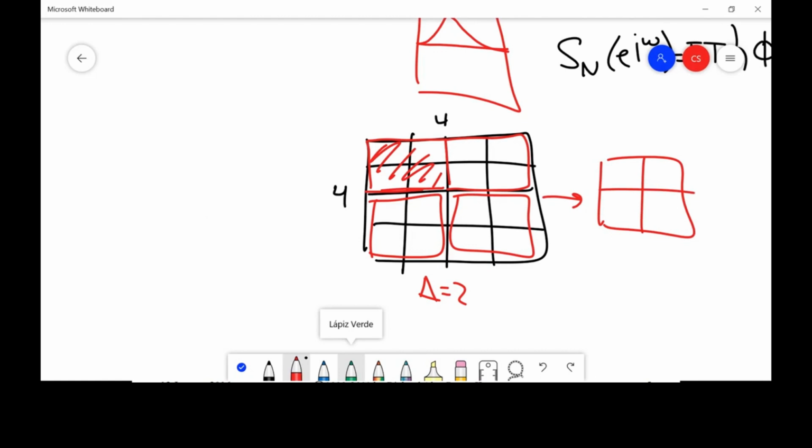So if we denote by TS the sampling rate in one dimension in the original image, the sampling rate here is 2 TS, and this is TS prime.